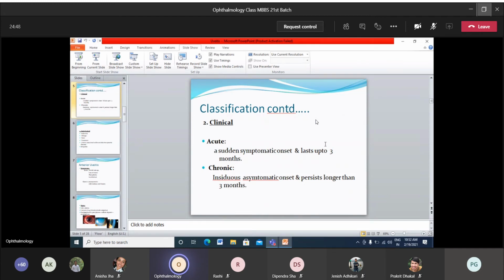Chronic is insidious, with usually asymptomatic onset, and persists longer than 3 months. Okay, so if it's 3 months or less, that is acute, it is sudden. And chronic is insidious, usually asymptomatic in onset, and it persists longer than 3 months. So that is the chronic type.